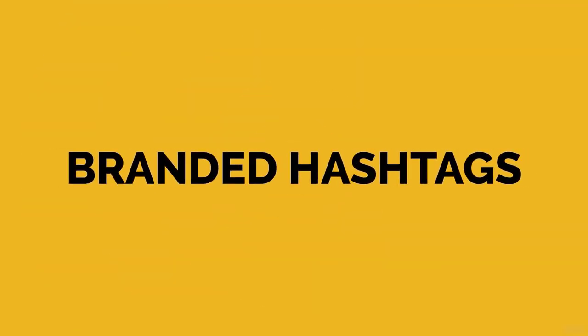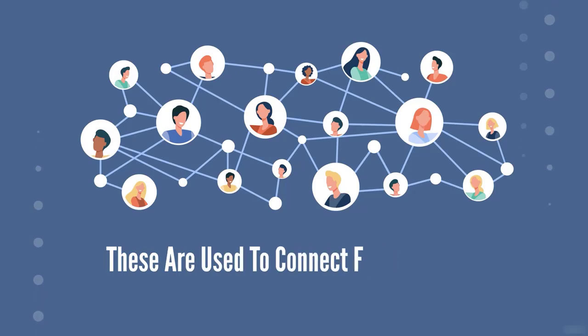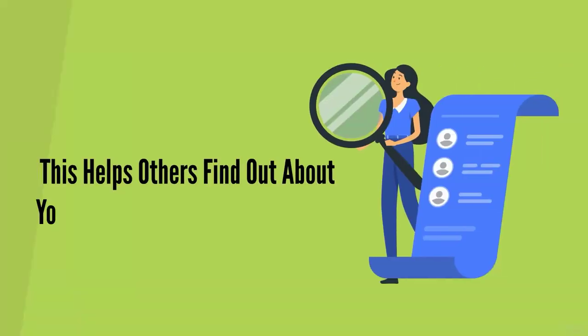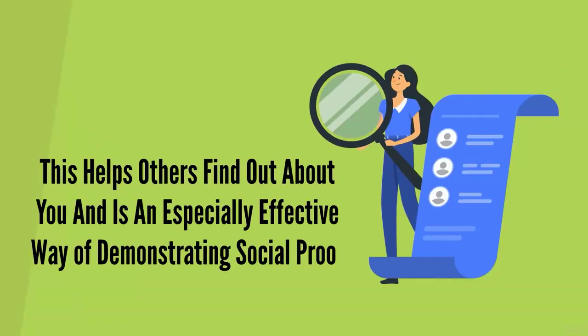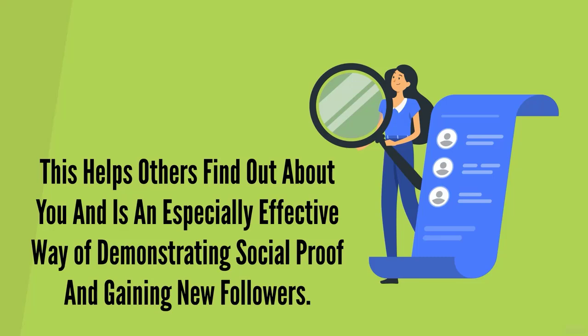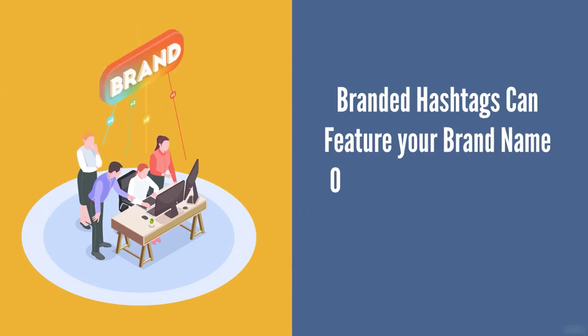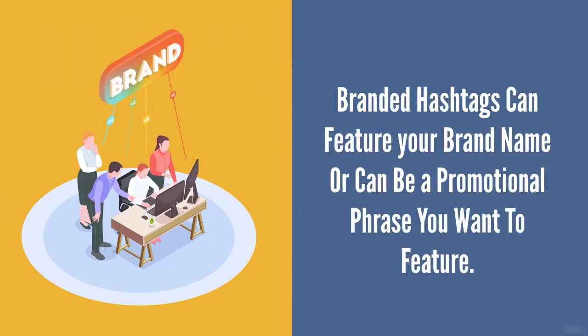Branded hashtags. These are used to connect followers of your brand to encourage them to share content. This helps others find out about you and is an especially effective way of demonstrating social proof and gaining new followers. Branded hashtags can feature your brand name or it can be a promotional phrase you want to feature.